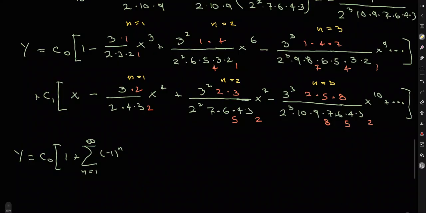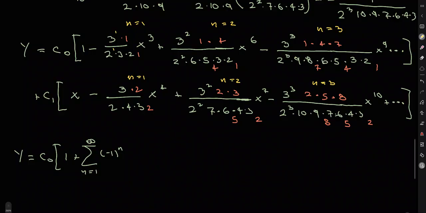What I see is 3 to the first, 2 to the first, 3 to the second, 2 to the second. But actually, do you see the powers of x? The powers of x are 3 times n in this case, because 6 equals 3 times 2, 3 equals 1 times 3, and 9 equals 3 times 3, which actually coincides with the factorial in the denominator. So, 3n.